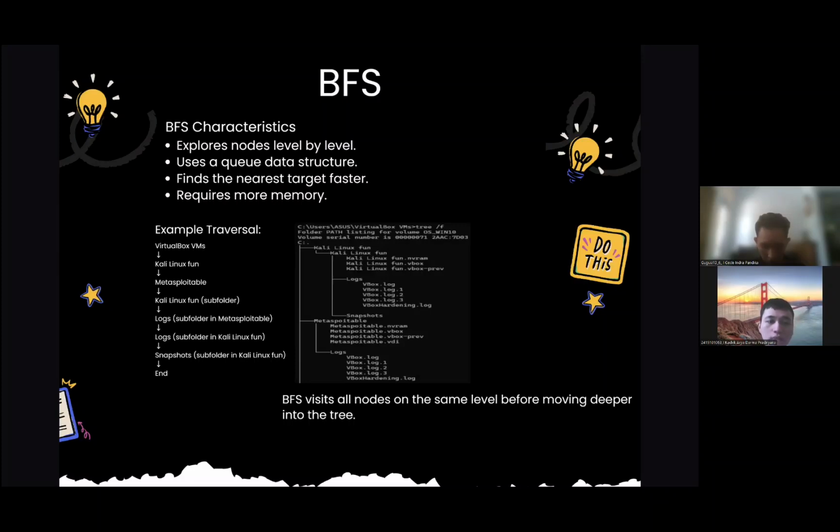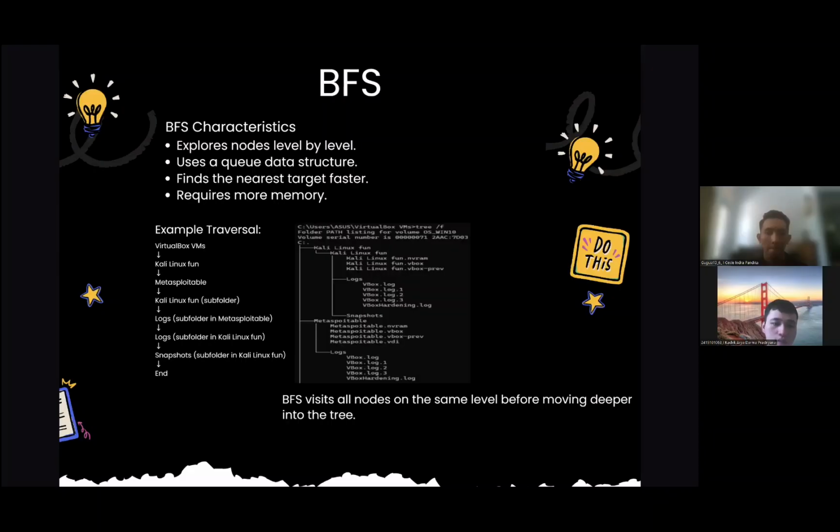We will use the same example as the DFS before. For the traversal from VirtualBox: Kali Linux Fund, Metasploit table, then Kali Linux Fund's subfolder logs, subfolder in Metasploit table logs, and snapshots, subfolder in Kali Linux Fund.